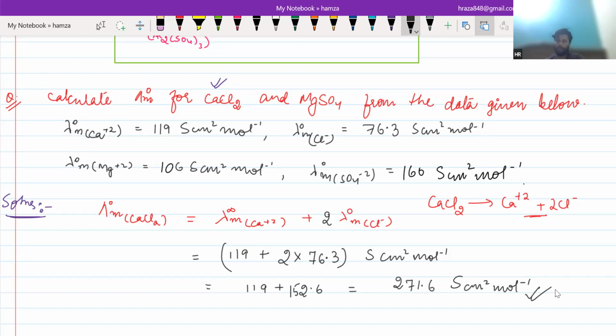So this is how we calculate molar conductivity lambda m for CaCl2. Can you do the second part, MgSO4? If you got this, you can easily do that.